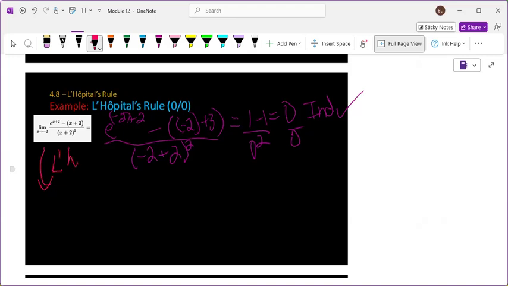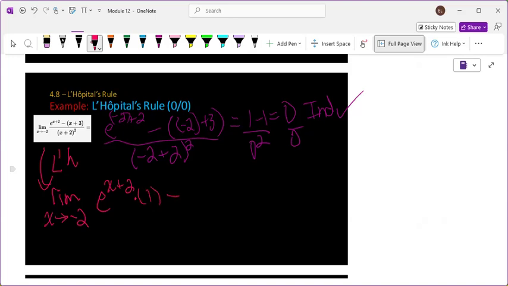So applying L'Hopital's rule now, we keep our limit the same. Still as x approaches -2. The e to the x plus 2. The derivative of that is, that's our lazy derivative, e to the x plus 2. Times chain rule, derivative of x plus 2 is 1.